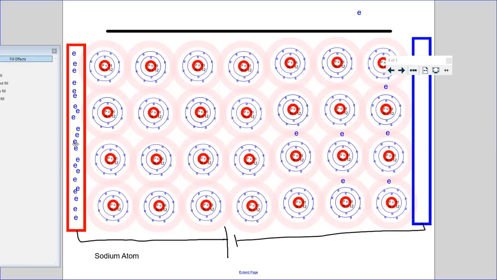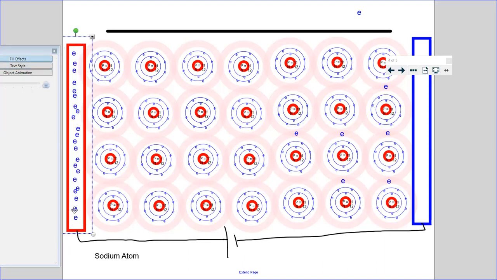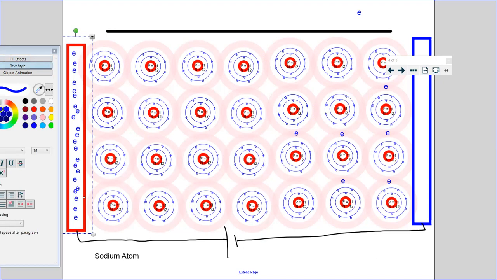So all these electrons which we have shown here, what will happen? They will get shifted toward the positive terminal of the battery, and once they reach the positive terminal, what happens?